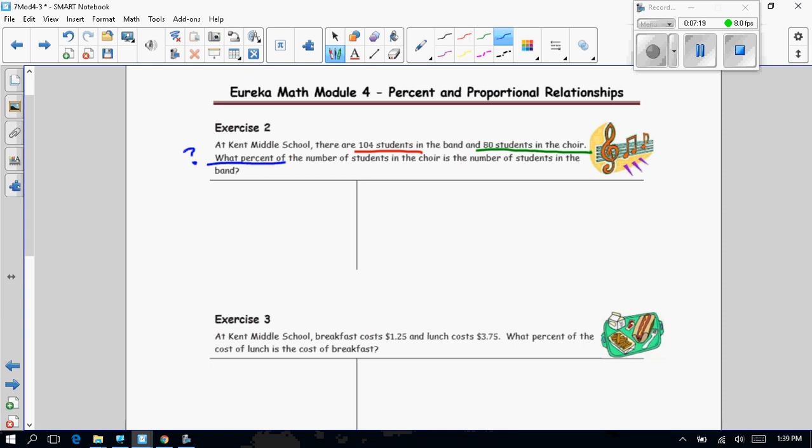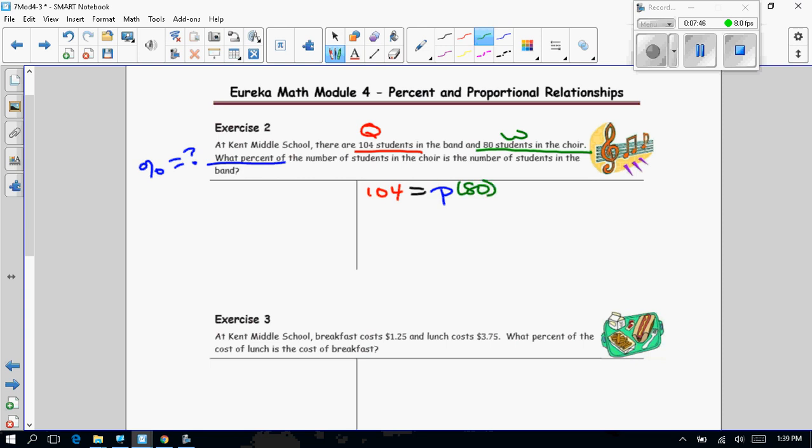So we can drop this into our formula. Our 104 in this case is our quantity, the 80 is our whole, and of course our percent is our unknown. All right, so let's jot this down. 104 is going to equal our percent, I'm going to use the letter P, times the whole, which is 80.